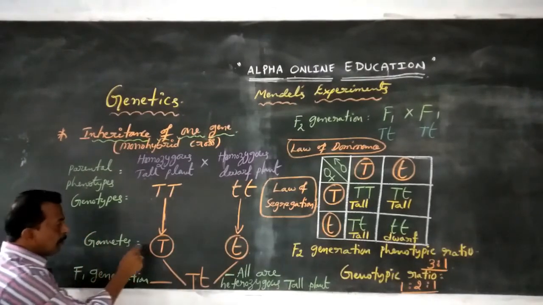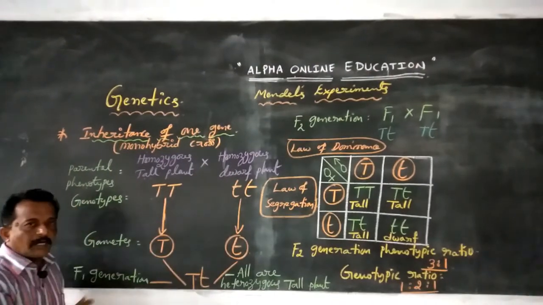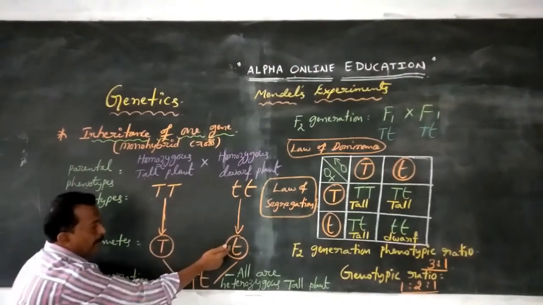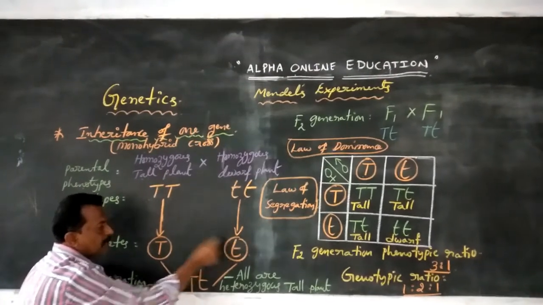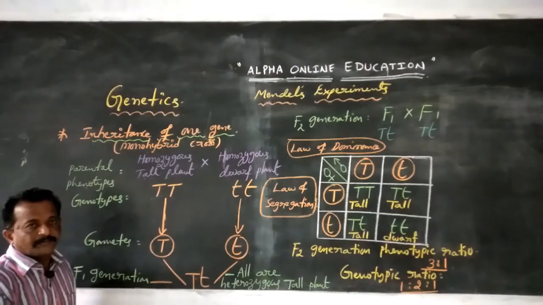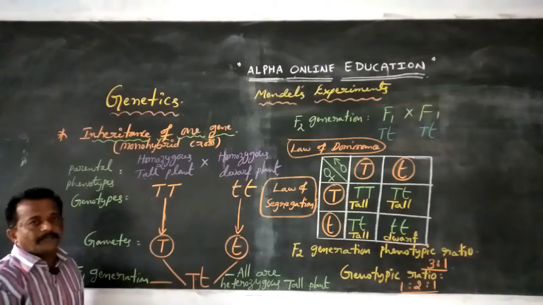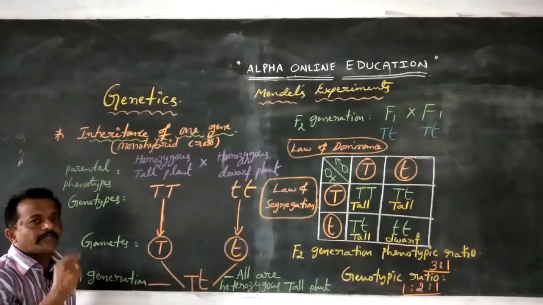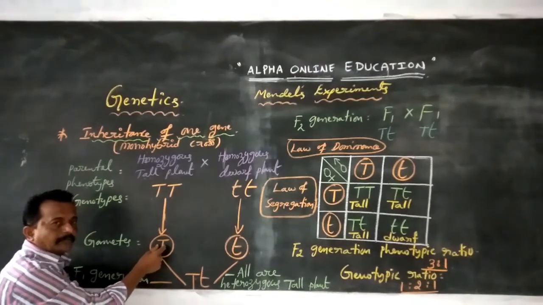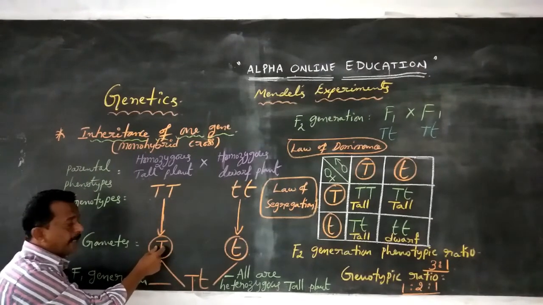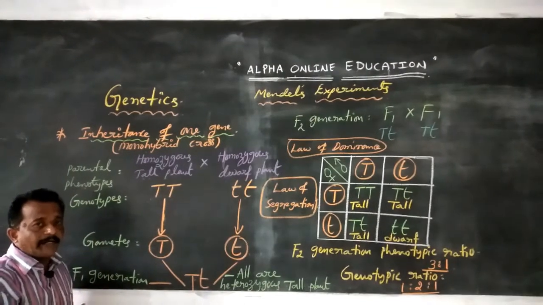Then both gametes fuse: the capital T gamete fuses with the small t gamete, resulting in capital T small t. By this, one type of zygote is formed. For example, capital T indicates the male gamete and small t the female gamete.